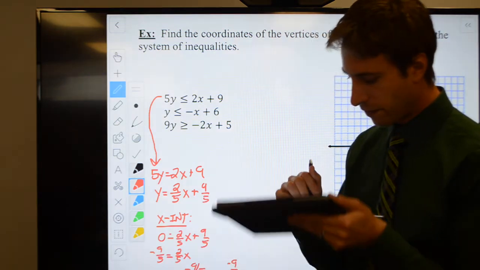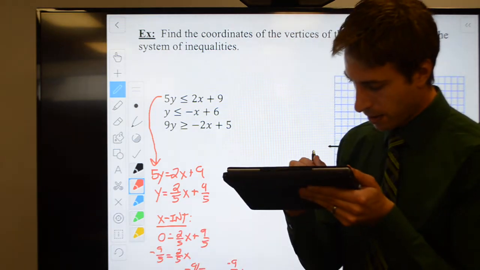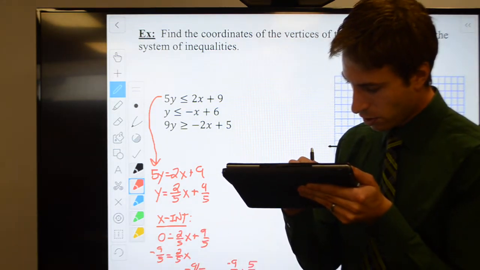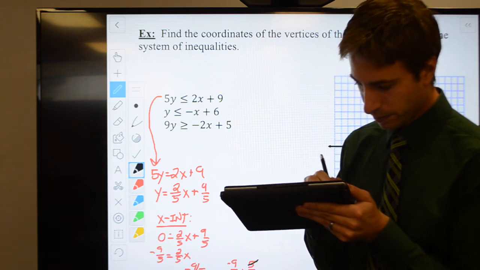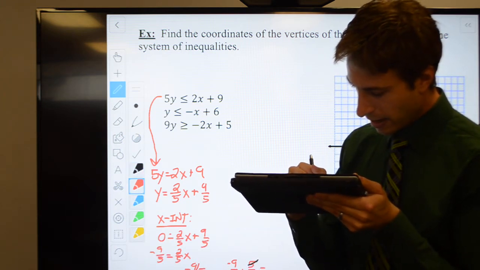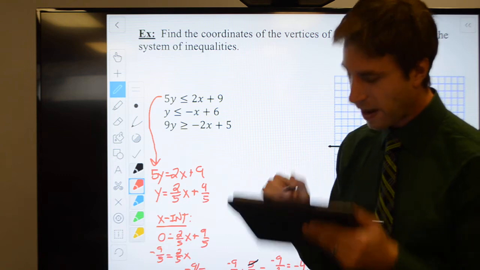You change the division to multiplication and you flip the bottom, which would be 5/2. Well, look at what happens. The 5's cancel. You wind up with a minus 9/2, which is simply negative 4.5.